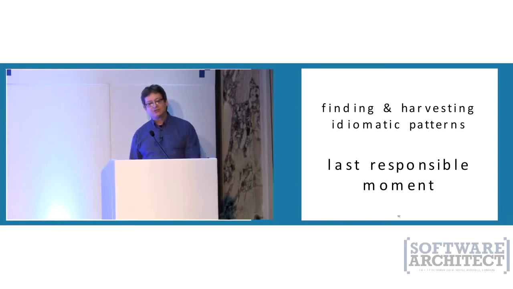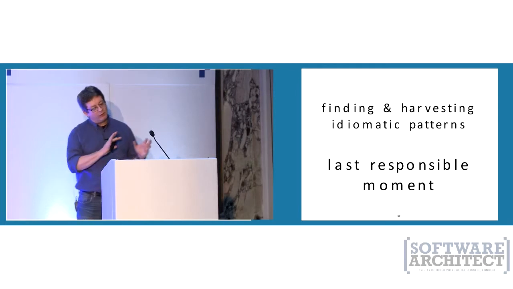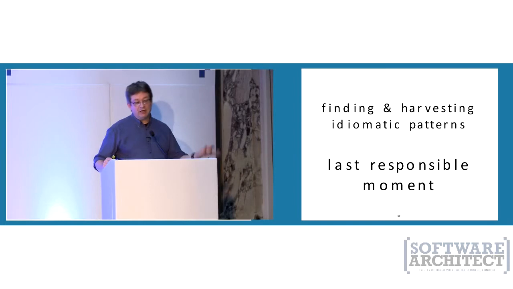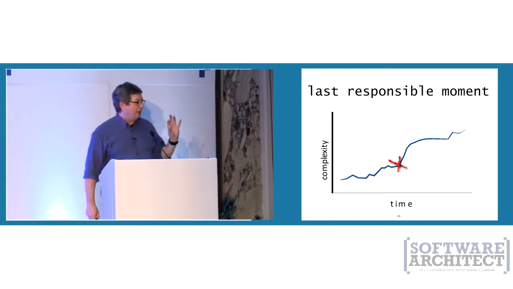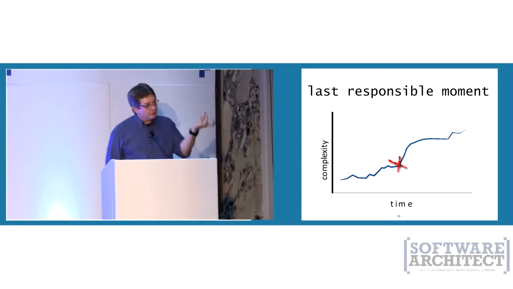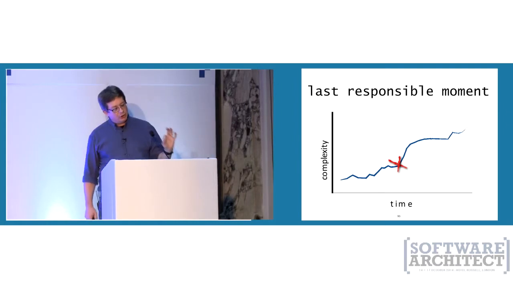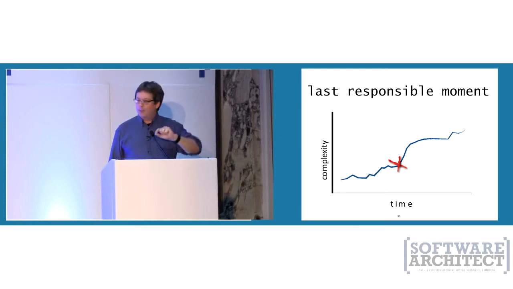Let me go back for just a minute and revisit the last responsible moment. As I said, this is probably the trickiest thing in the agile software world: how do you identify exactly when this last responsible moment is? Now, I'll give you some clues and an example of a project that did it really well. If you think about your software stack as a collection of components, whether components or services or libraries or whatever, you look at each one of those in turn as to what level of complexity it's taking on over time.